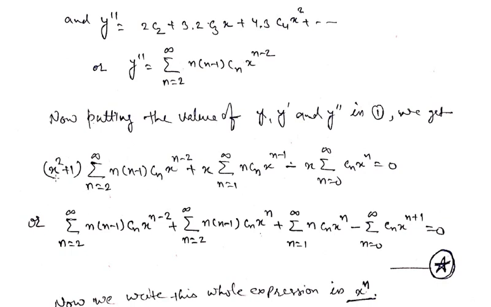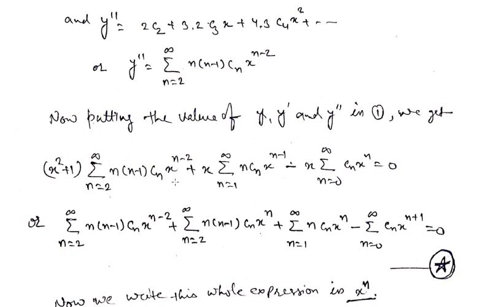Now there are two terms. First we multiply this series with x square, and for the second term we multiply this series with 1. This one is the third term, this one is the fourth term, so there are a total of 4 terms. First we multiply 1 with this summation, so we get this one.